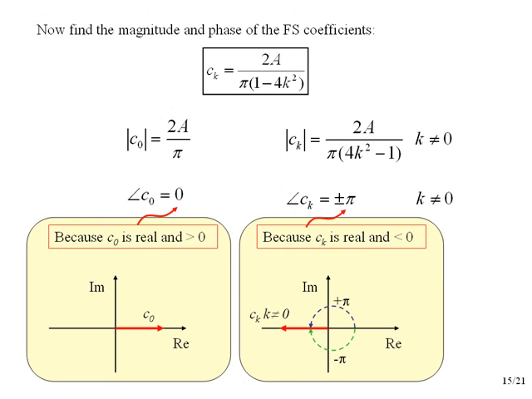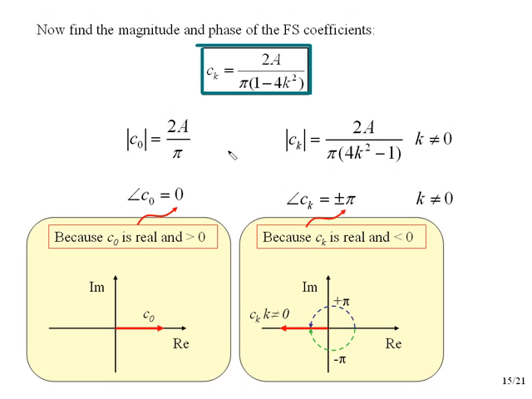So we need to find magnitude and phase. So what does this mean when we have c sub k's being real for this case? Look at the form for c sub k. So right here we see that our c sub k for this problem is purely real. Does that mean we can't find magnitude and phase? No, of course we can. Remember that the real line is embedded in the complex plane. It makes up one of the two axes of the complex plane.